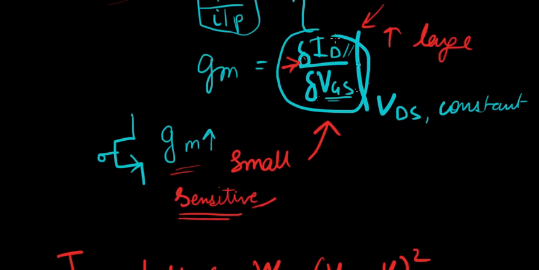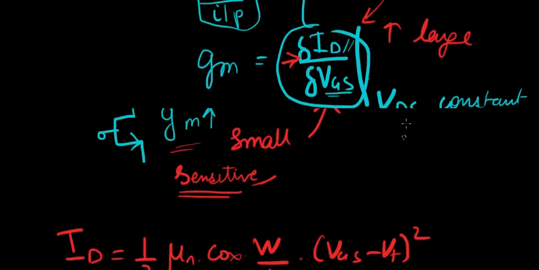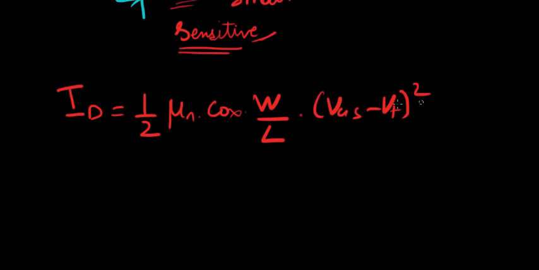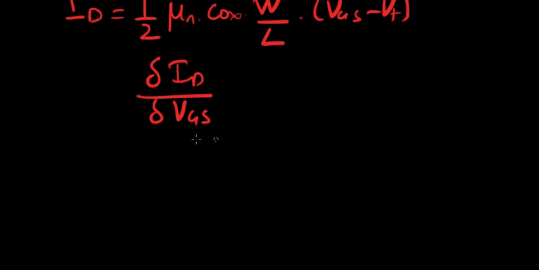If we differentiate based on this equation with respect to VGS, what do you get? So what we have to do now is delta ID over delta VGS. What do you get if you differentiate? Half times, all these are constants, correct?